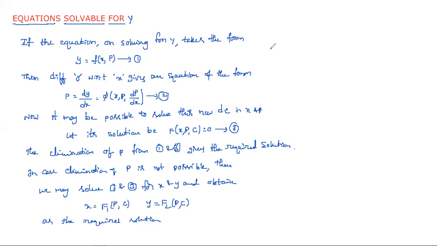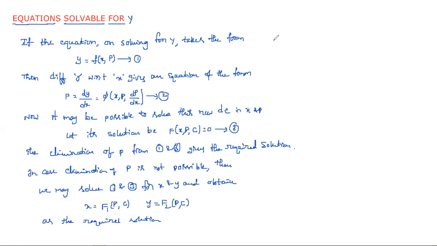This method is especially designed for equations which do not contain x. Generally we say that, but in the given problem it may consist of y, x and p terms also. The only difference between solvable for y and solvable for x is that we generally apply solvable for y when the equation does not contain x, and solvable for x is for equations which do not contain y.